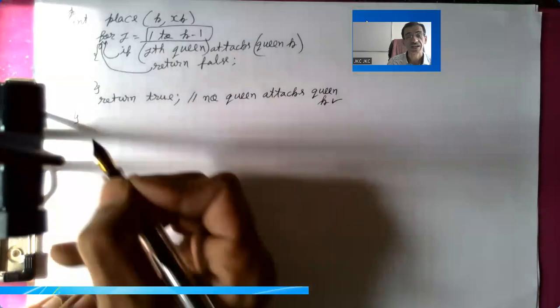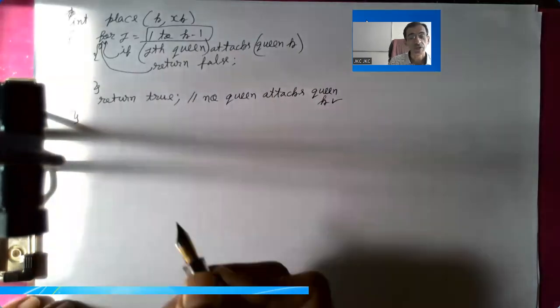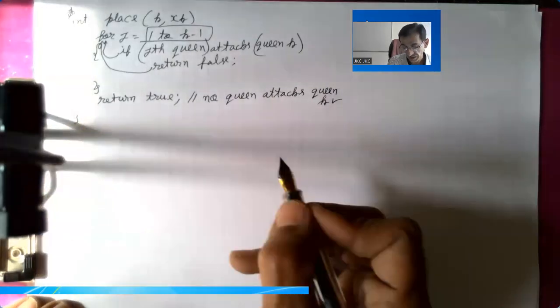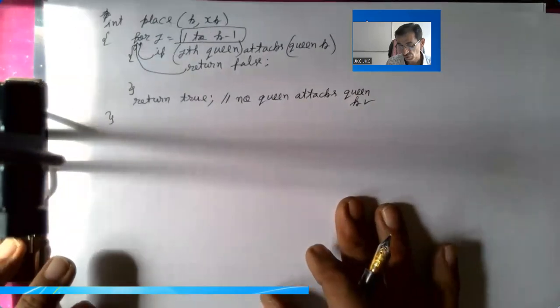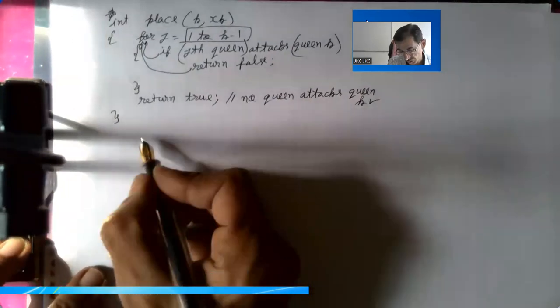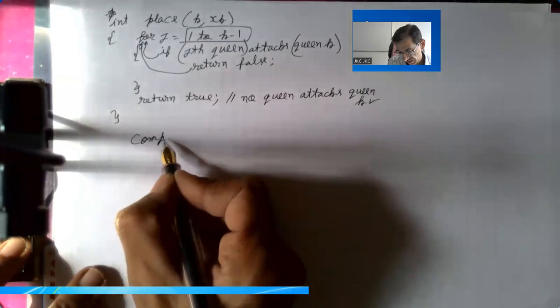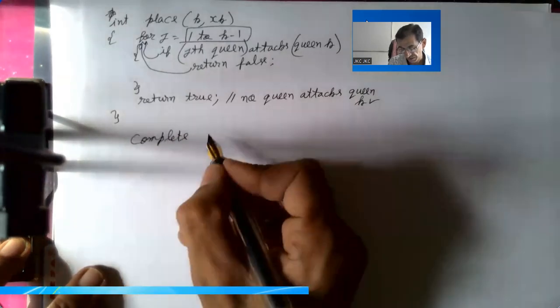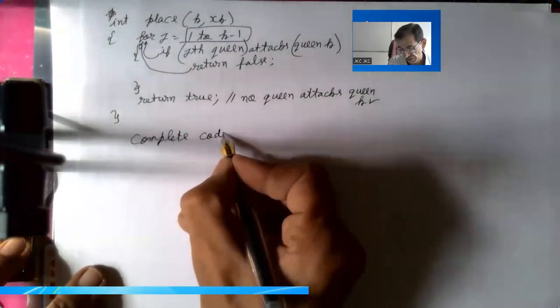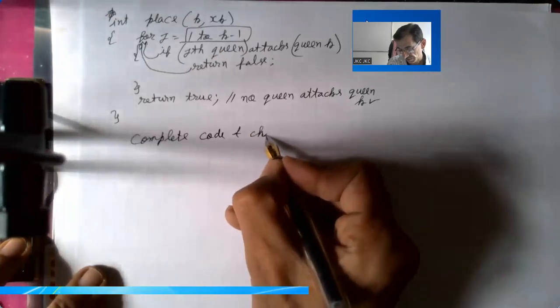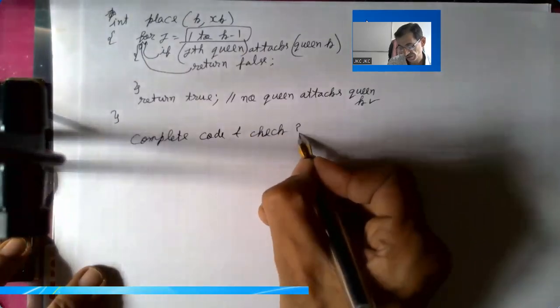Something like this. I think beyond this code, I need not write. I ask all of you to complete the code, understand it, make the implementation, check it, and then find which answers you get.